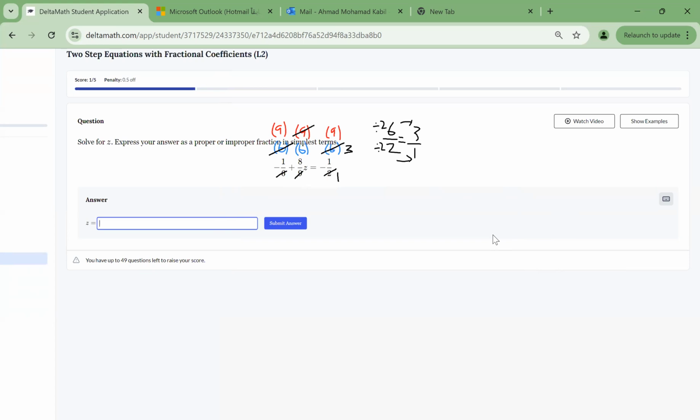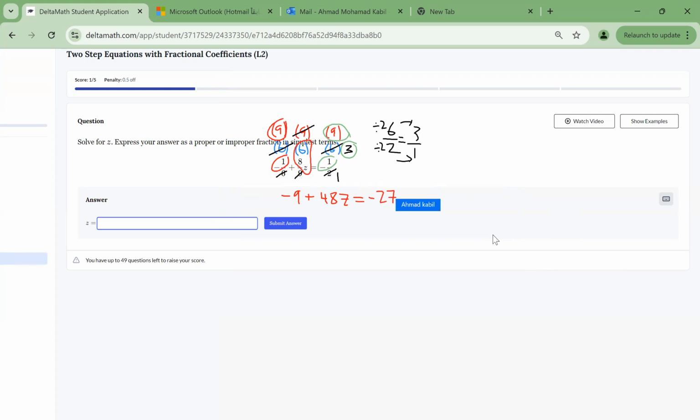So what remains in this equation is negative 1 multiplied by 9, which is negative 9. And then we have 8 times 6 times z. So this is plus 48z. And this is equal to 9 times 3 times negative 1, which is negative 27.